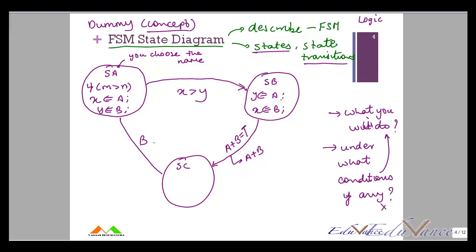Okay, this is just a simple example. So here we understood how to draw a FSM state diagram with different states, state A, state B and state C. And then we also looked at the state transition diagrams here and here.